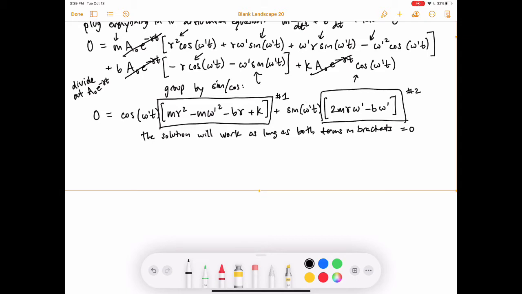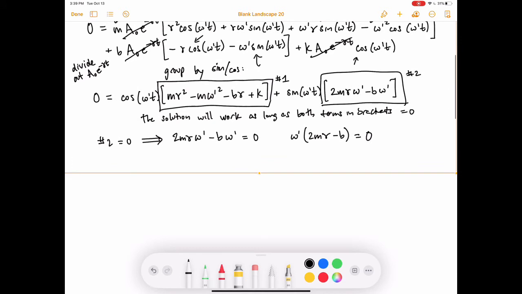So if we take a look at that second term in brackets, set that equal to 0, we have 2 times m times gamma times omega prime minus b times omega prime equaling 0. Omega prime is a common factor, so we can pull it out. Omega prime times 2 times m times gamma minus b is equal to 0.